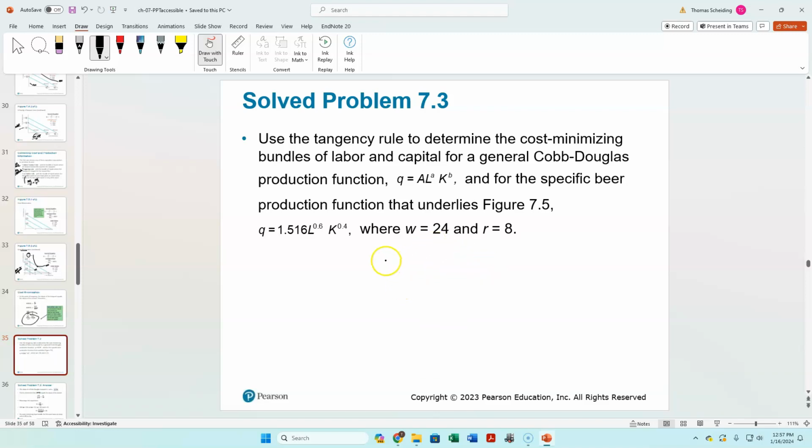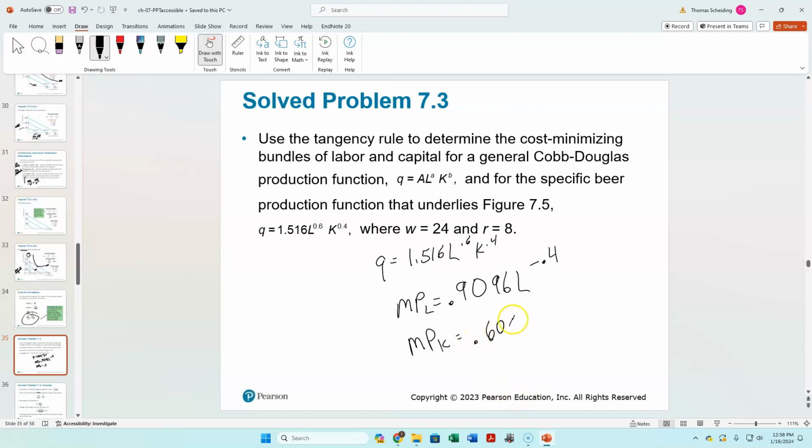Okay, so if we have a production function here, which is Q. So here I just did first order partial derivatives.